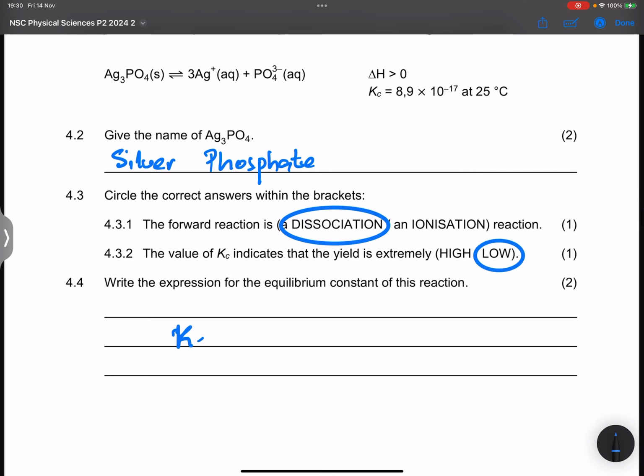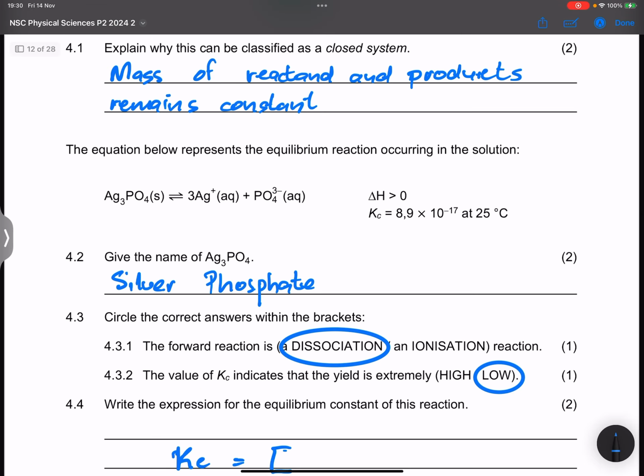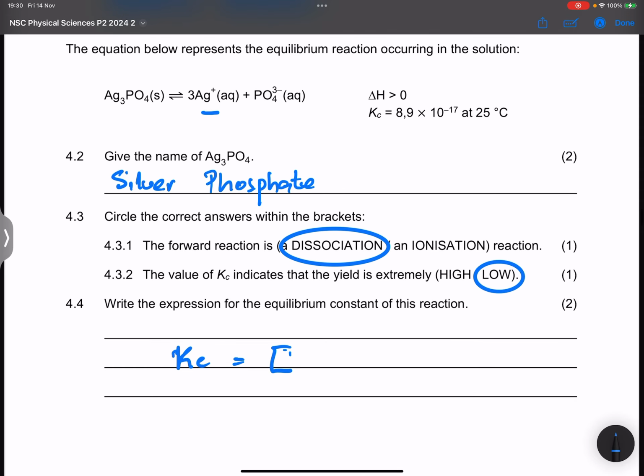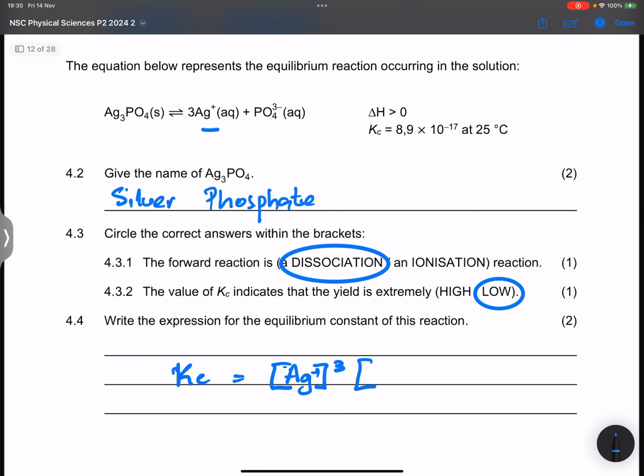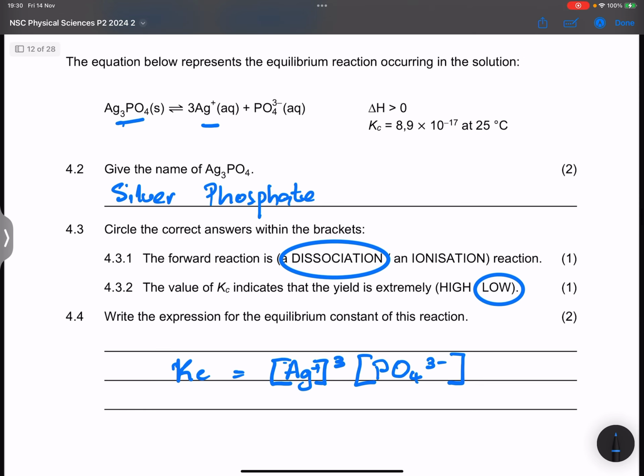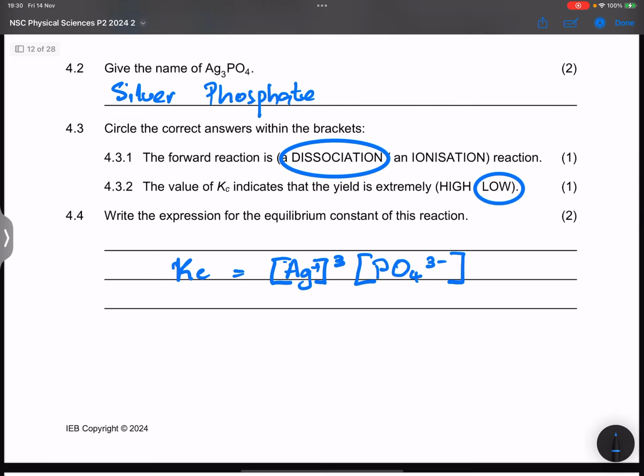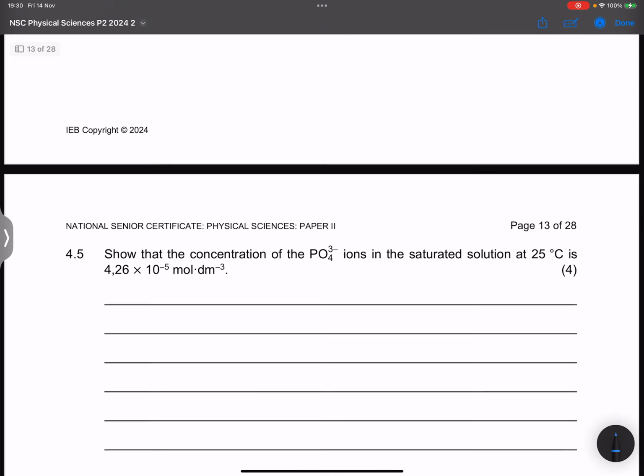Kc is the molar concentration of our products: Ag+ cubed multiplied by PO4 3- to the power 1. But note our reactant is in solid form, so in that case we do not include it in our expression.